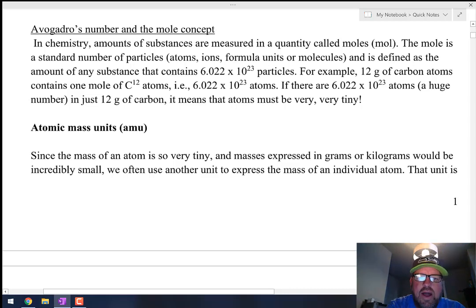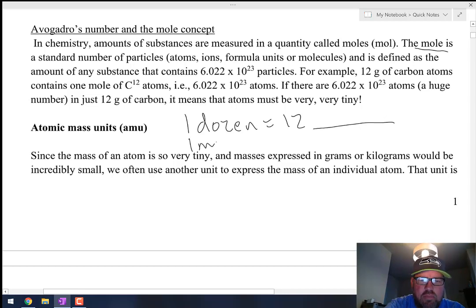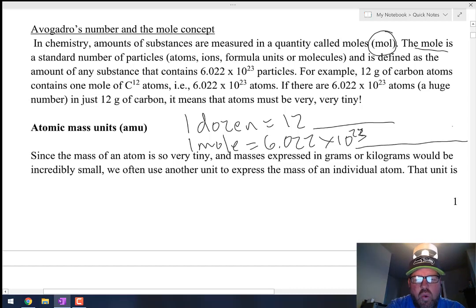A mole is just like 1 dozen equals 12 whatever. Notice a lot of times it's abbreviated without that E at the end. So M-O-L-E, M-O-L-E-S, and M-O-L are all the same. 1 mole is equal to 6.022 times 10 to the 23rd.